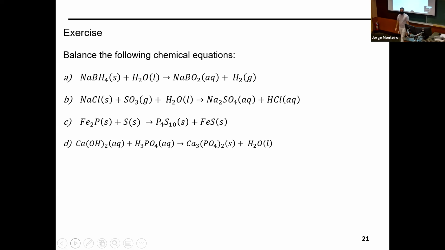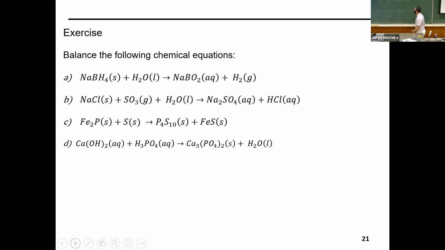And the only thing left to balance, or the 2 things left to balance, are the chlorine and hydrogen. Here is the only spot that we can balance hydrogen. 2 atoms of hydrogen before, just 1 after. Let's multiply by 2. Therefore, 2 hydrogens after.